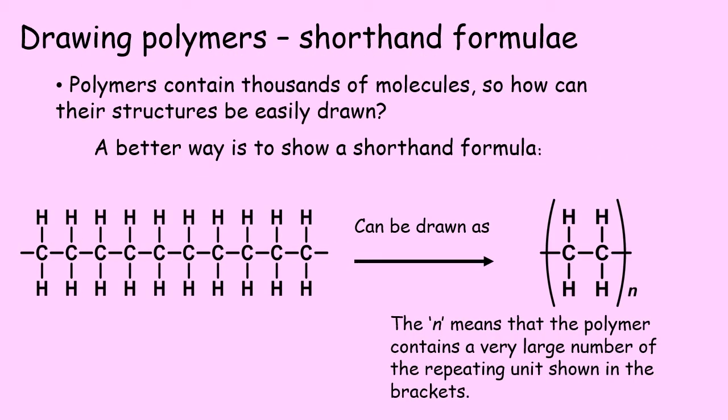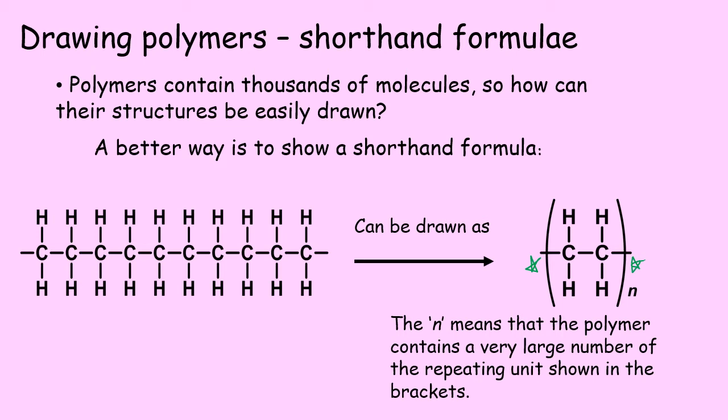Now you can shorten the polymer. For example, that very long chain of polyethylene can be reduced to this format where we have the repeating unit with brackets around it. Again, you need to make sure that these bonds are drawn on either side and that they stick out beyond the bracket.